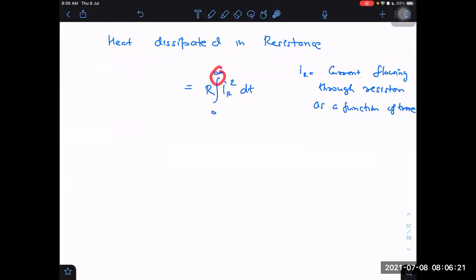This will give us a finite value only if IR is decaying, decreasing with time. Can you get a situation where IR must not be increasing with time, but must be decreasing with time? Yes, there are possible situations. For example, if I have an inductor and this is a resistance, and initially current was flowing.